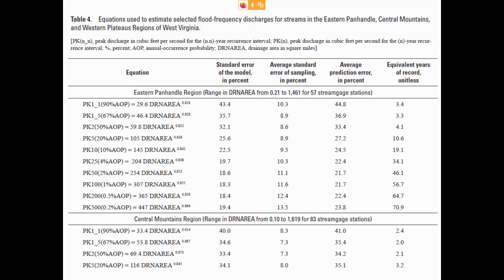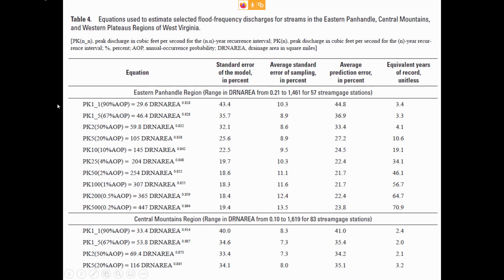So the drainage area is one component, and the elevation of the watershed is another component. That's because they have some pretty big mountains in Arizona, and they have observed that the elevation of the watershed, because of the orographic effects, has an influence on the intensity of the rainfall, and then that has an influence on the runoff.